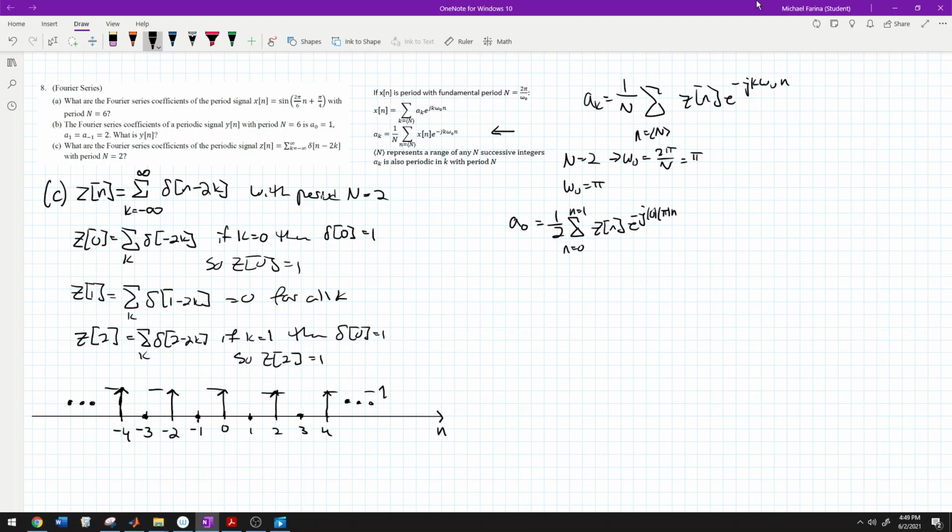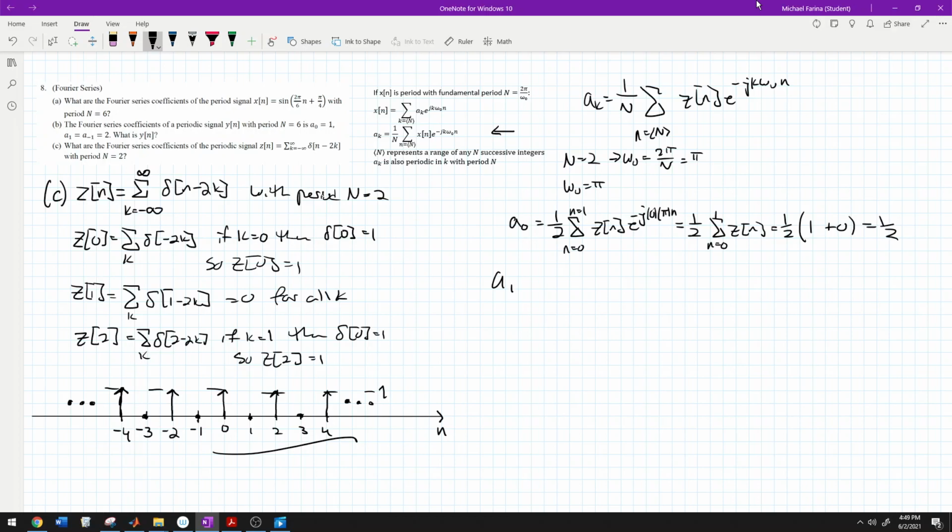And what this becomes is 1 over 2. Well, we have a 0 in here all the time, so that whole term goes to 1, and we get z of n, and we already figured out what that equals over there on the left, right here. 1 over 2 times 1 plus 0 is equal to 1 over 2.